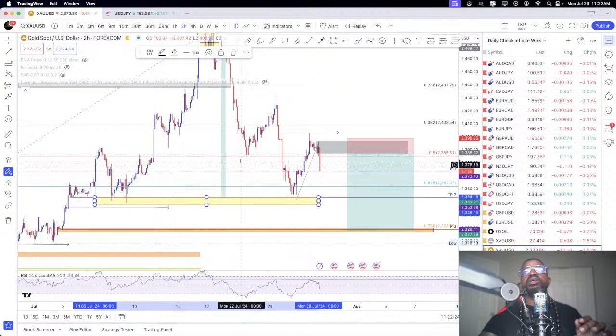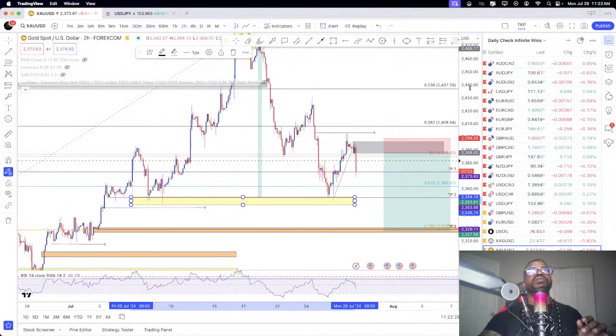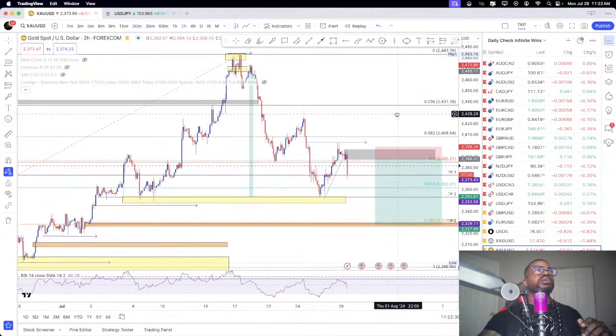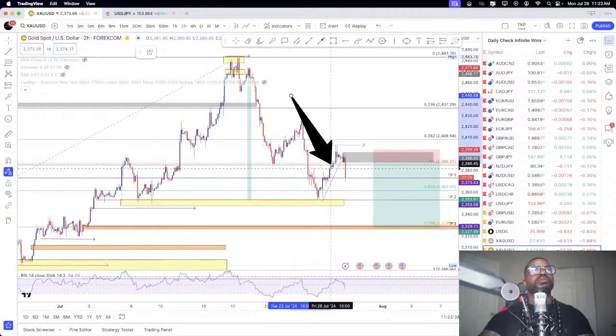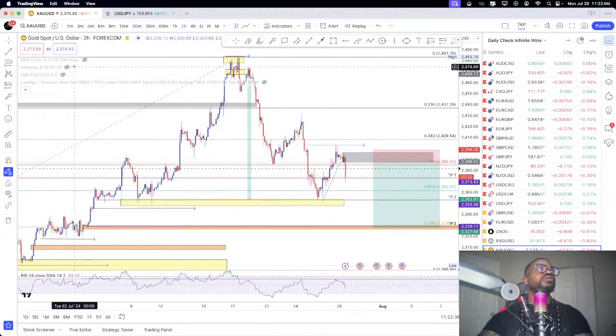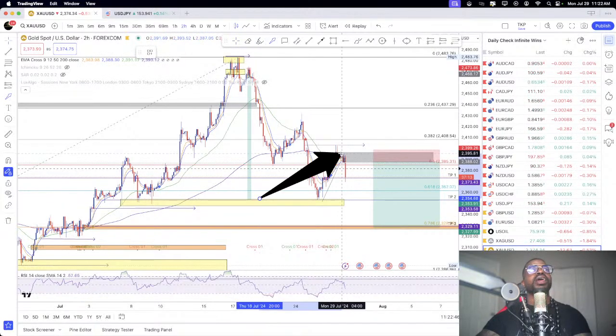But we want to see a continuation of this sell, just going off of basic analytics and off of what price created right here. This is a strong impulsive move. Yep, and I was just about to say it most likely rejected off of the 200-day EMA. And before I could get it out, here it is.